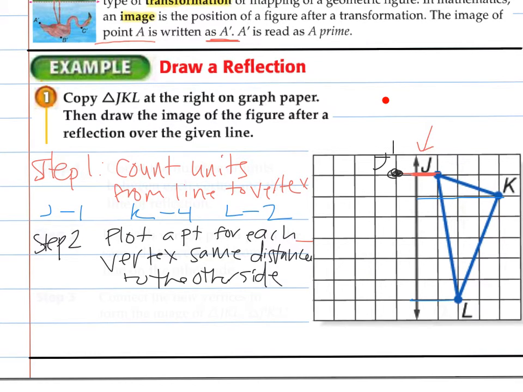Since K is 4 to the right, I'm going to go 4 to the left, plot my point, and label it K prime. And L is 2 to the right, so I'm going to go 2 to the left and label it L prime.